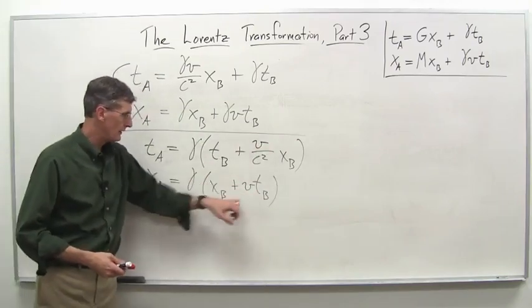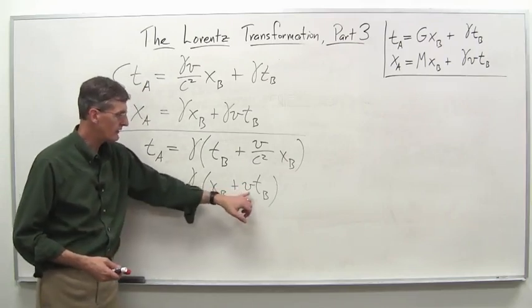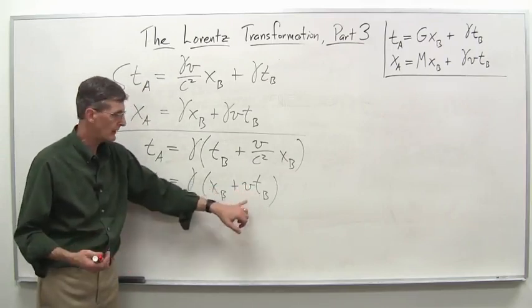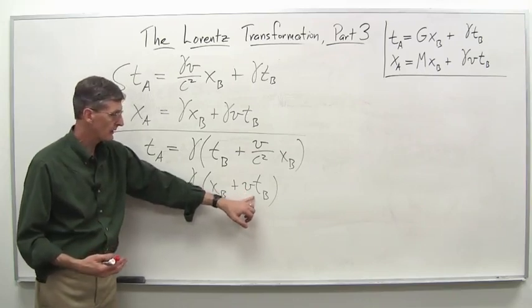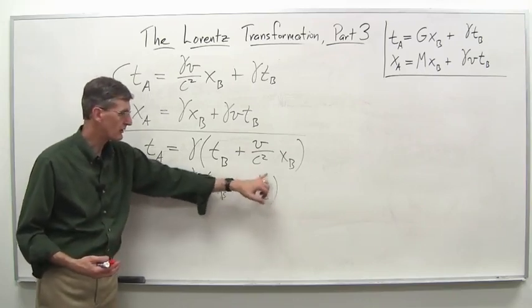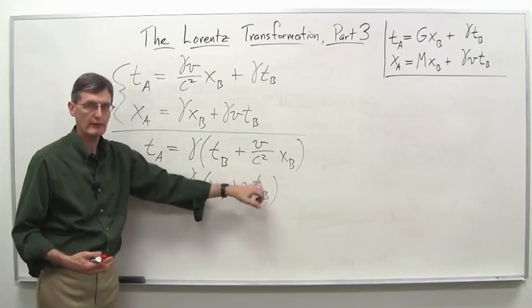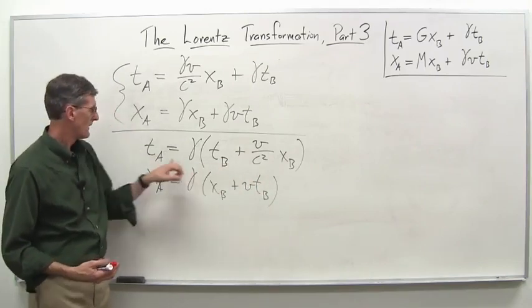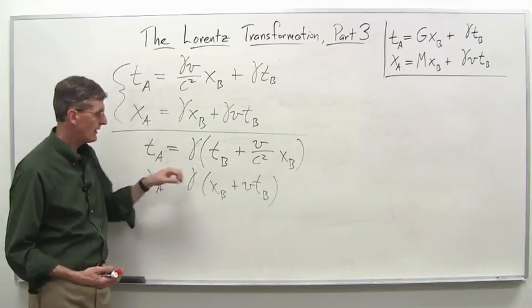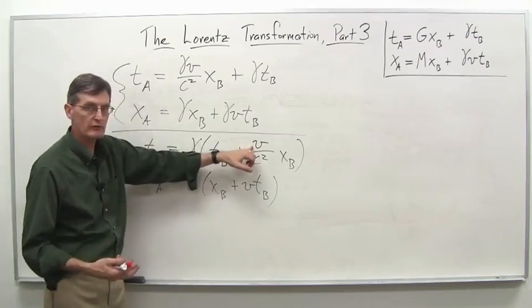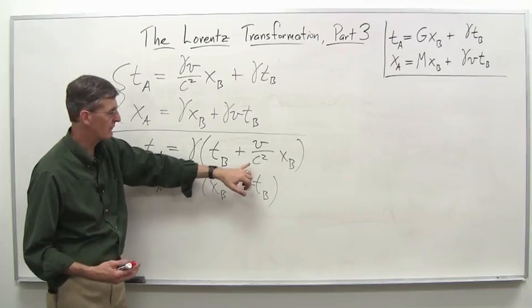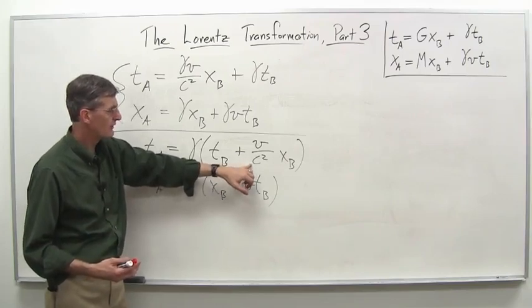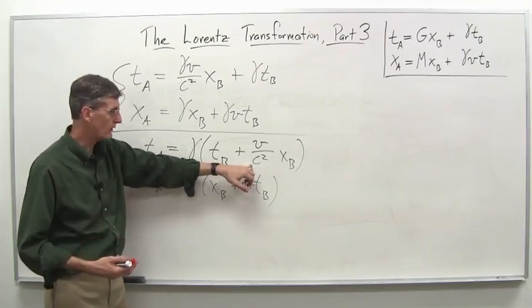For the XA equation here, it's v times TB because the units have to match. V is meters per second, for example. Length divided by time. This is time, so this gives us units of length, for example, meters. Here, it's the equation for time, and velocity is meters per second. We'll use the meters-seconds system, MKS system as it's known. C squared is a velocity squared.